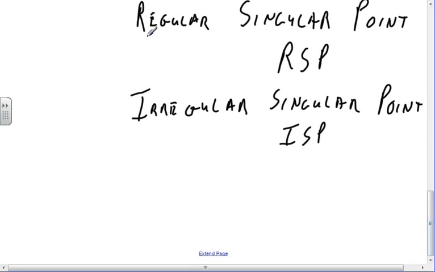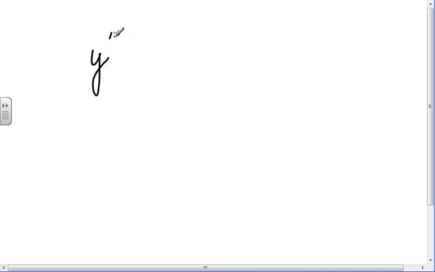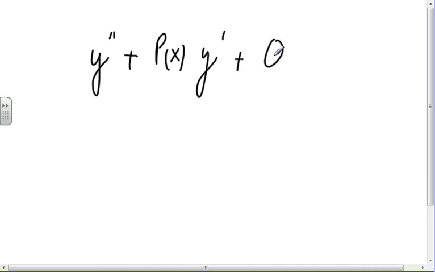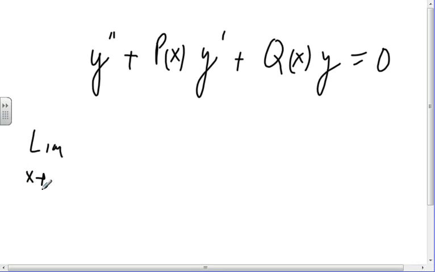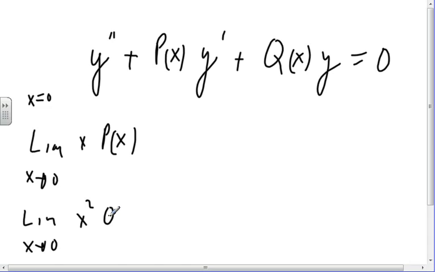Okay, now if I get the equation in the form y double prime plus p of x y prime plus q of x y is equal to 0, so I can get myself into that form, and I find that around what I'm expanding I have a singular point, then I'm going to take the limit as x goes to 0, if I'm expanding around x is equal to 0, of x p of x, and I'm going to have to take the limit as x goes to 0 of x squared q of x.